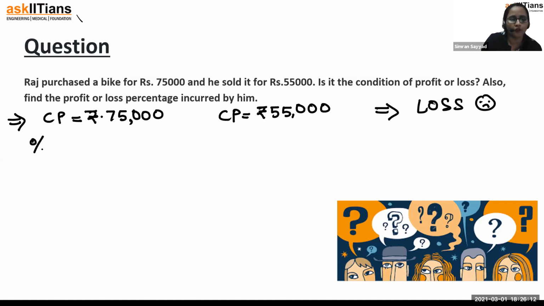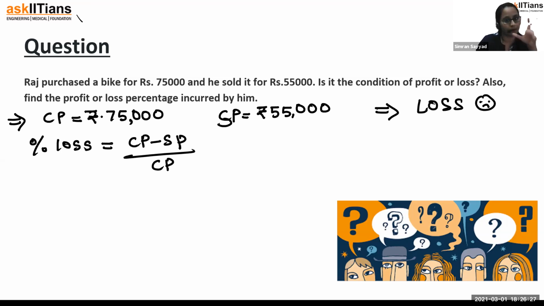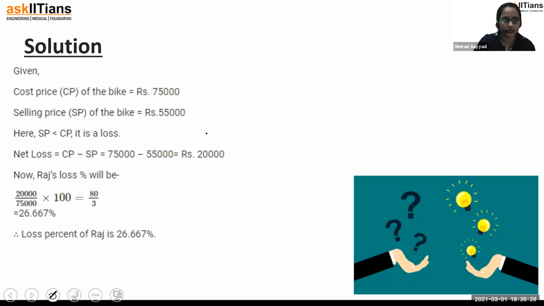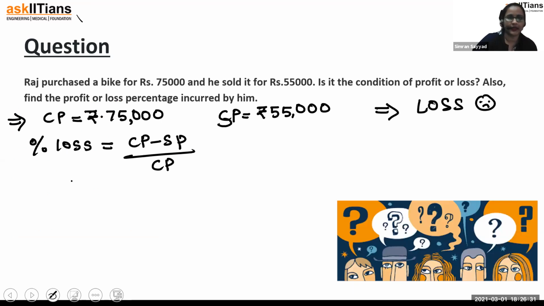So for percent loss, what will be my formula, dear students? Oh, sorry, this is my SP. The formula will be interchanged here, right? So CP minus SP upon CP, the base part only, into 100.